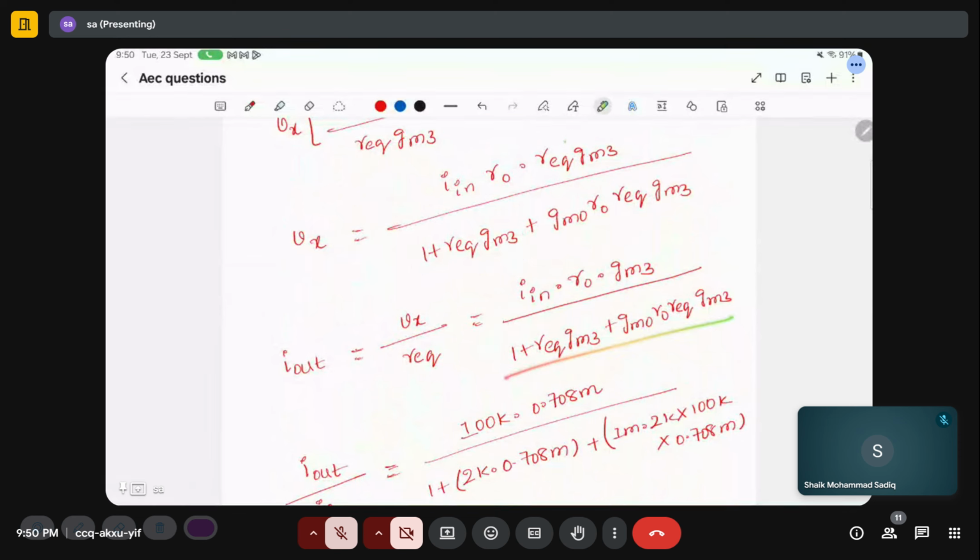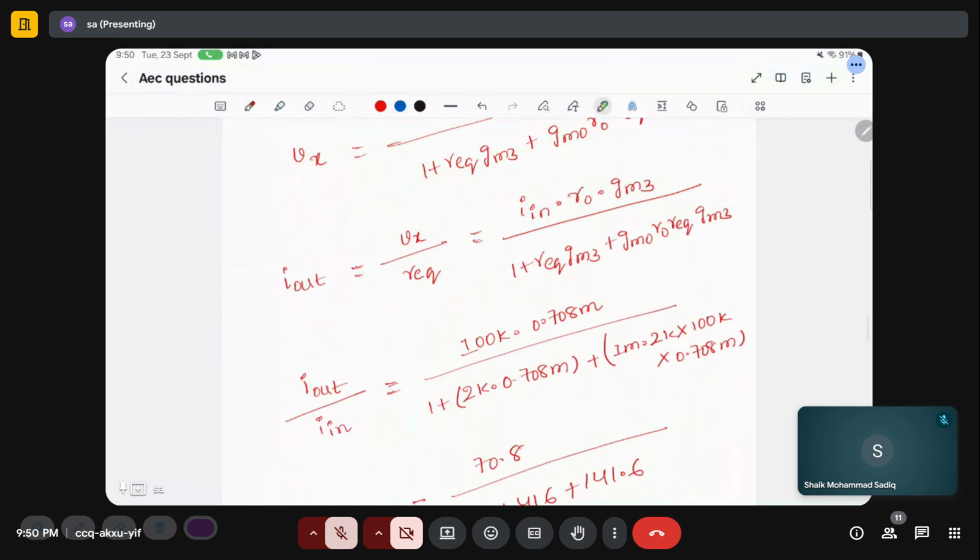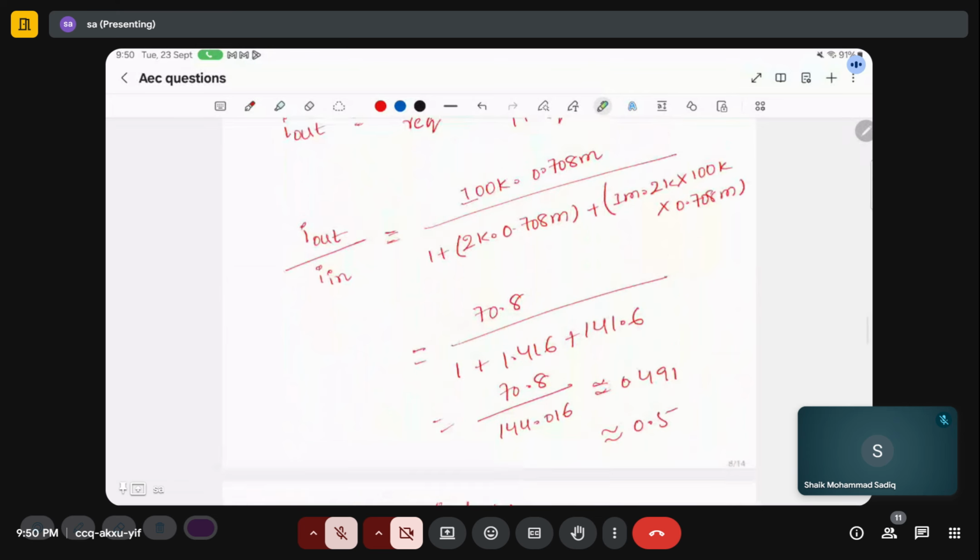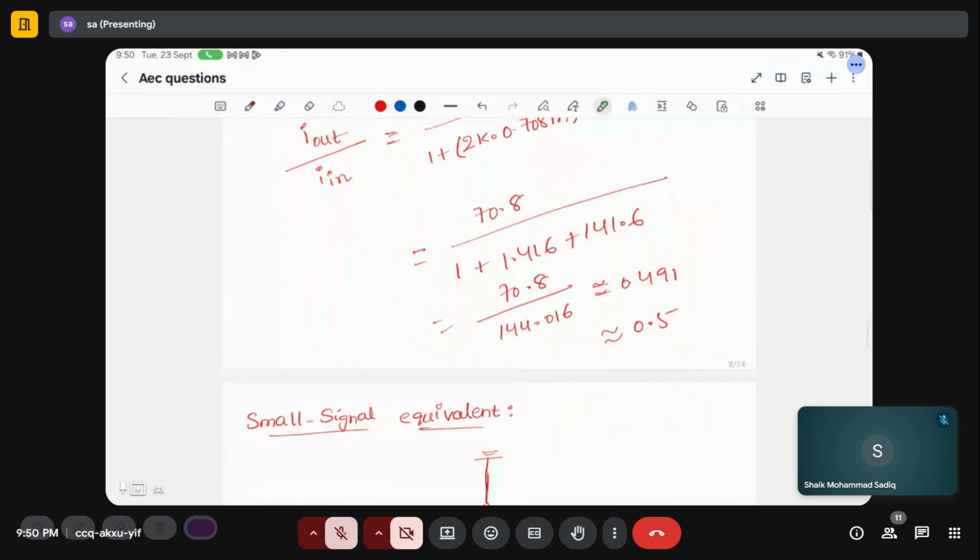I will put in this R equivalent, and it will get cancelled. So I will get this equation. If I plug those numbers, I got 0.491. The given answer is 0.5.